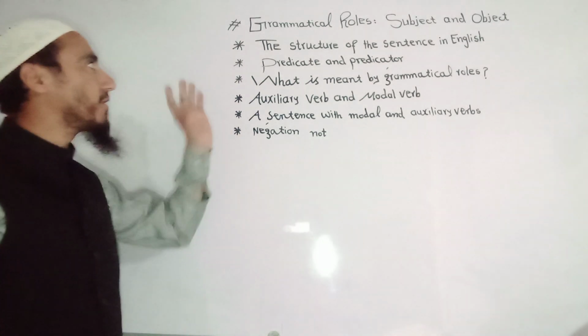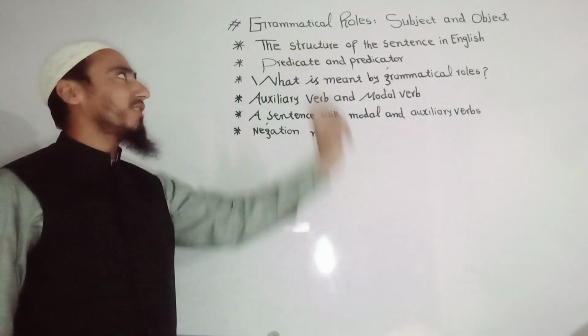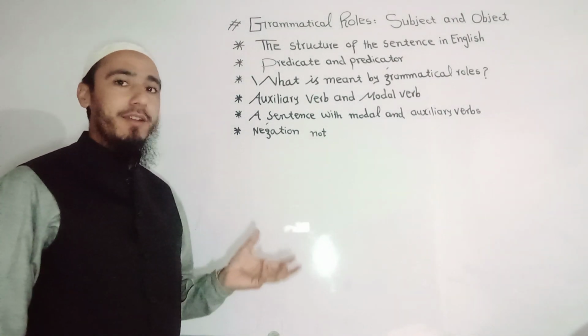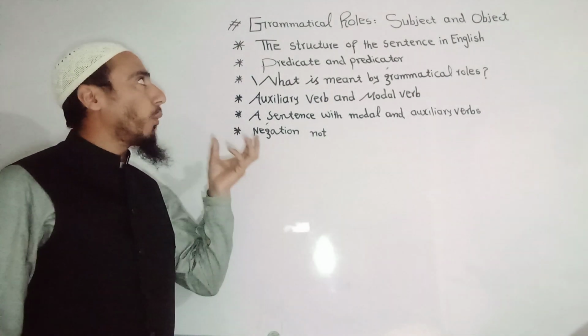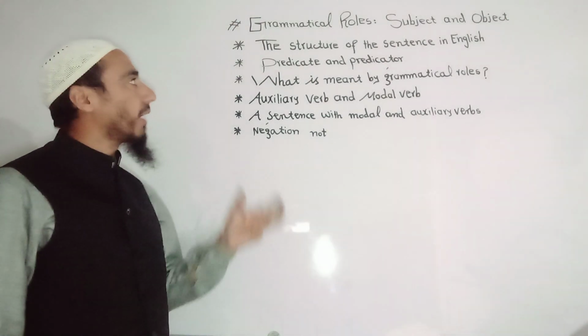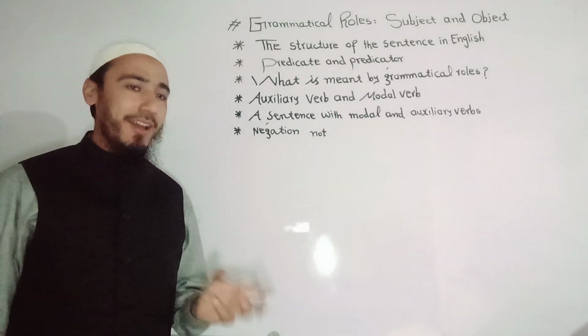Listeners and audience, today, syntactically, we are going to talk about grammatical roles, subject and object. You will learn in this lecture what are grammatical roles and what is the structure of the sentence in English language.